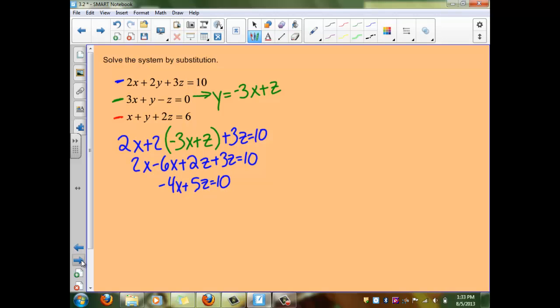Now let's pick another one and get it so that we have an x and a z. So let's look at this third one, and once again we're going to substitute this y value in.